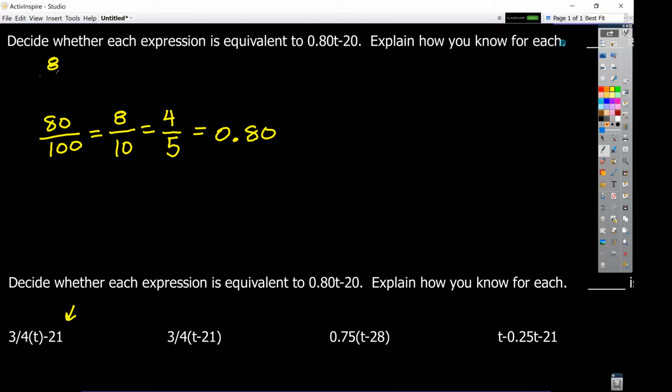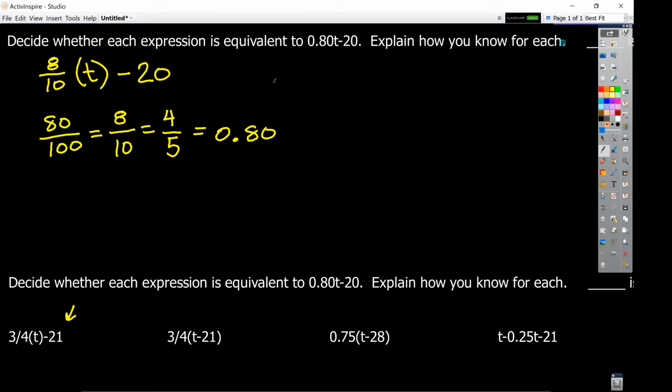Okay, so let's use 8/10 times t minus 20. That is equal to 0.80 t minus 20. And I showed you here, any of these three fractions are equal to 0.80.